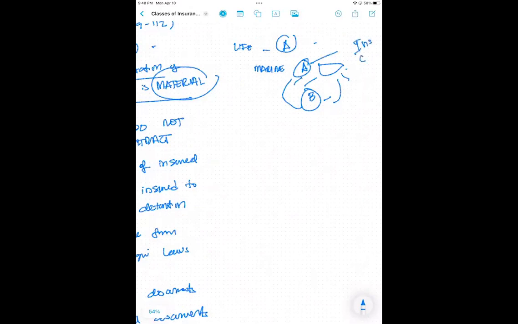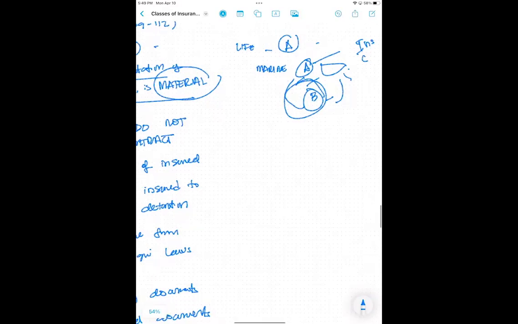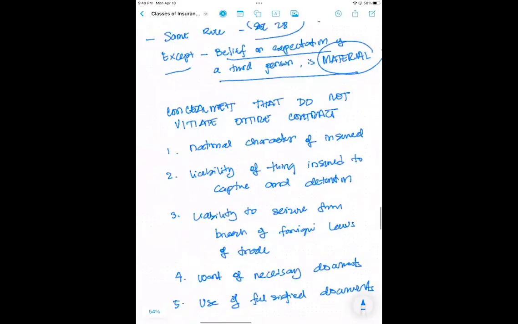Otherwise, if A failed to communicate this belief or statement of belief or opinion of B in this case, then A committed concealment, which is an available ground to rescind the insurance. So this is section 110.